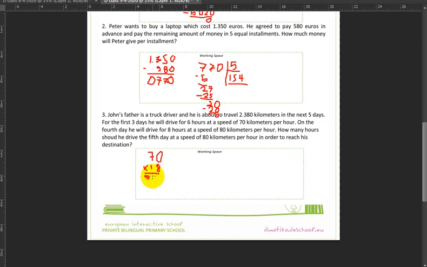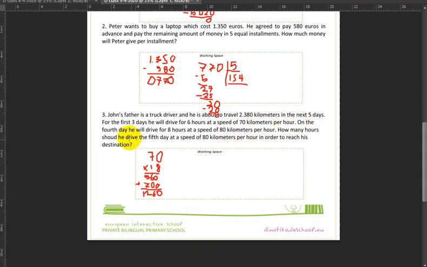Give us 560 on top and 700 on the bottom. Now we add these, and we get 1,260 kilometers. Okay. So that's the first 3 days.